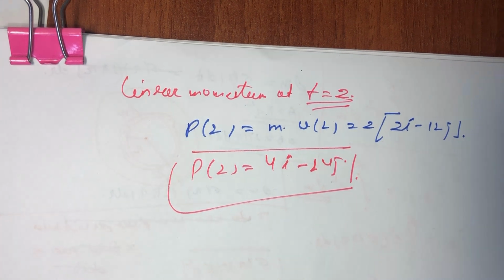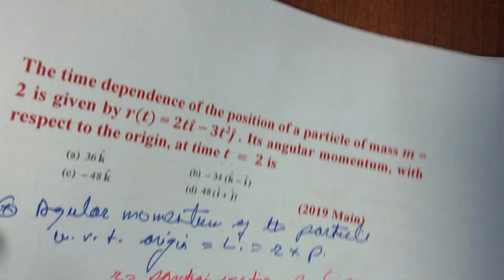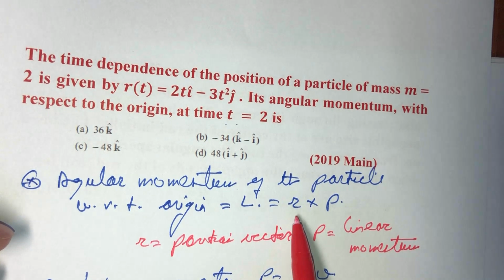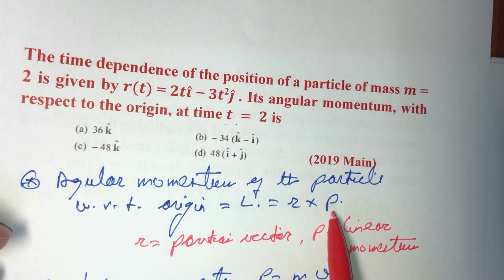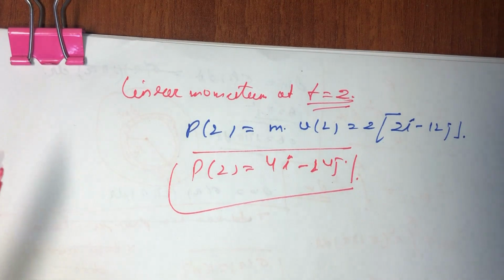Therefore, the angular momentum formula we already know, which is R cross P. We have position vector at t equal to 2 as well as momentum at t equal to 2.